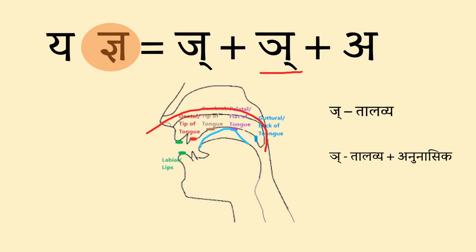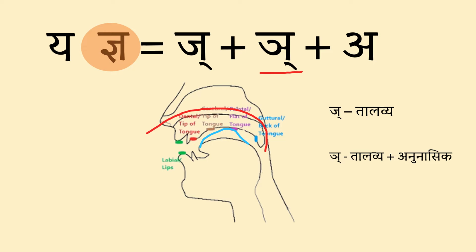One is because it is a Talavya, the same blockage of air is there at the same place, where the top flat part of the tongue is blocking the air at the palate inside the cavity of the mouth. Now the air has to pass through the nose also to pronounce nya.